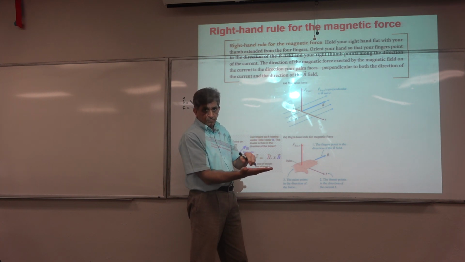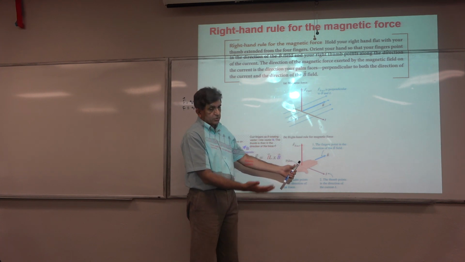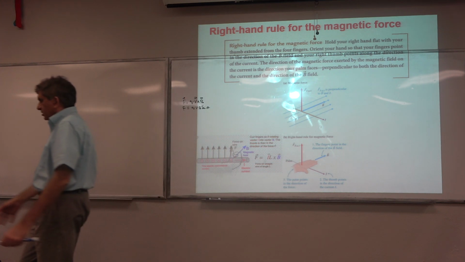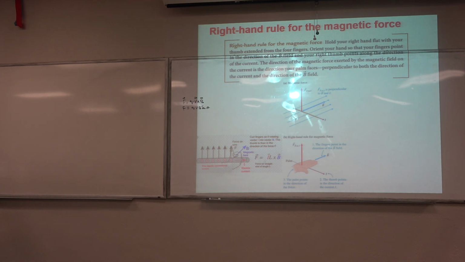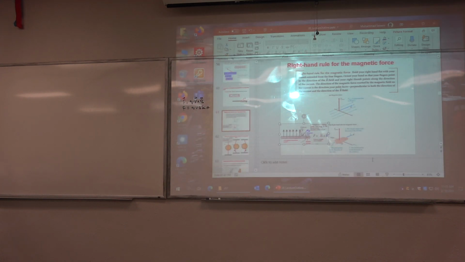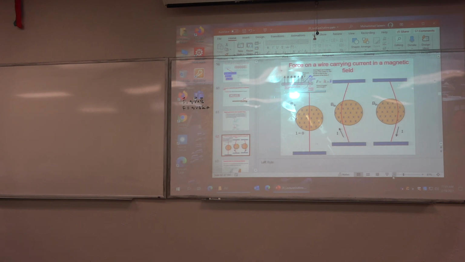Current moving this way, the magnetic field this way, this is the force. So it is the same thing for the two. So I can get rid of this if you don't want that, and the same thing we apply over here. Then I do this.